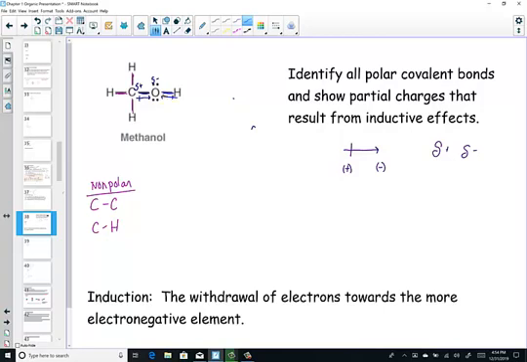The oxygen, again more electronegative, is pulling the electron density towards itself, leaving the partial positive charge on the hydrogen as well. So that induction, the withdrawal of electrons towards the more electronegative element, is shown either with these partial positive or partial negative signs or with the polarity bond arrow.